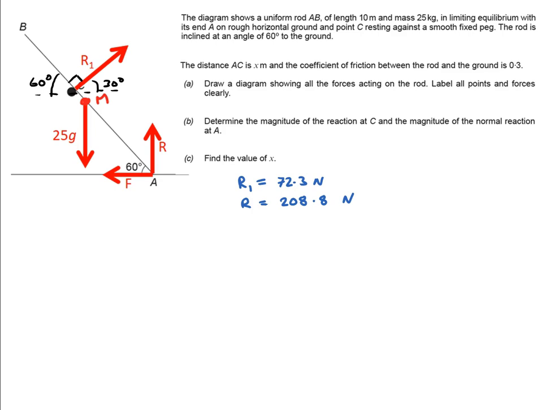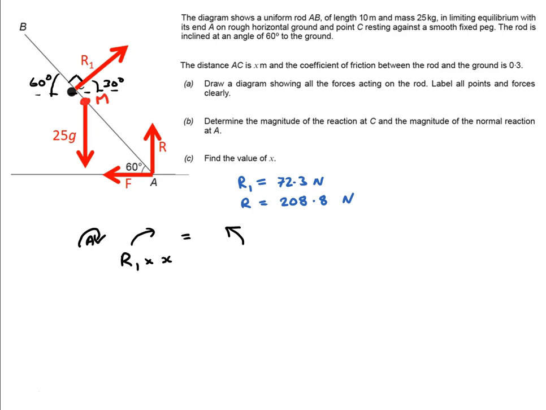Since both R and F act through the point A, neither of those will have a moment about the point A. So the easiest place to take the moments about is about the point A. And we can say that the clockwise moments have got to equal the anti-clockwise moments about A. The clockwise moment is produced by R1, which is trying to turn the rod clockwise about A. And the clockwise moment is going to be R1 times x, because R1 is acting entirely perpendicularly to the rod AB.